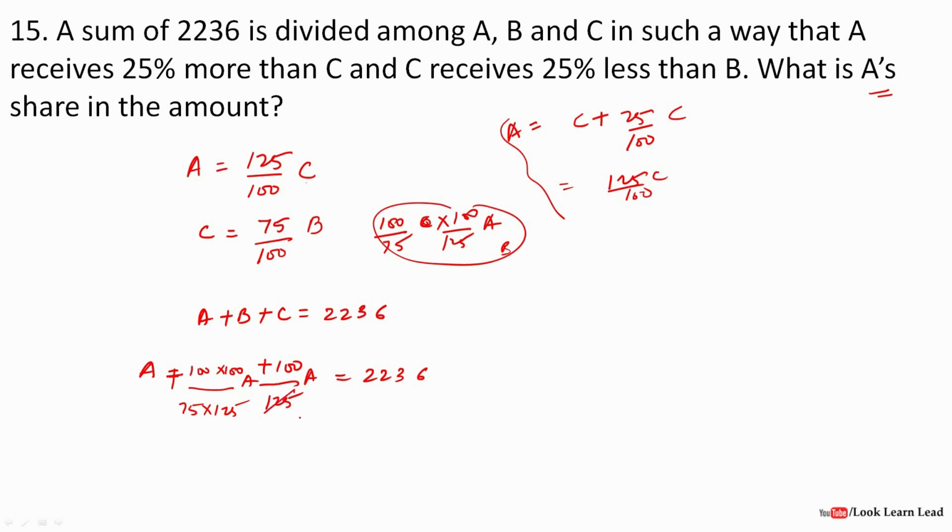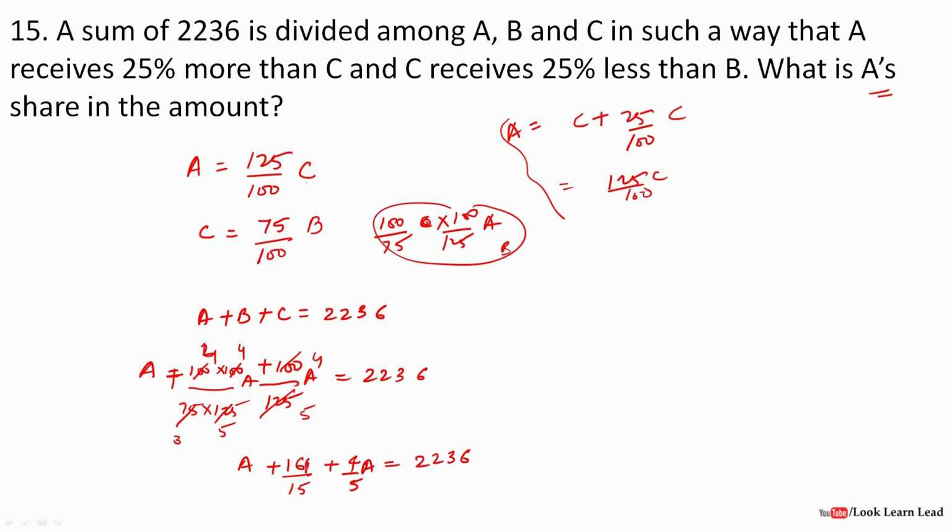You can cancel it out. So it is A plus 16 by 15 A plus 4 by 5 A is equal to 2236.